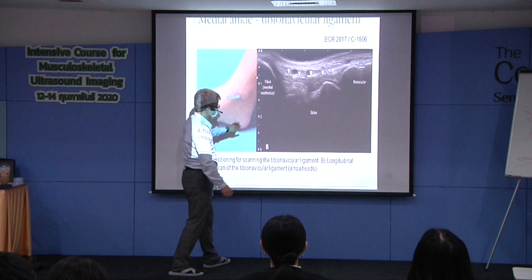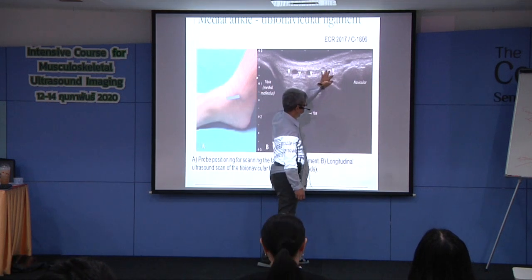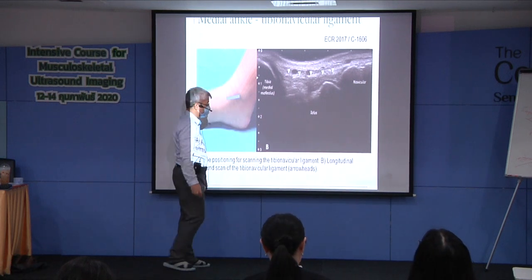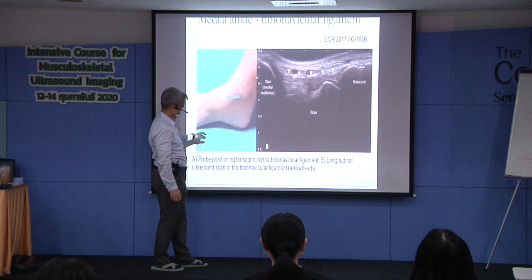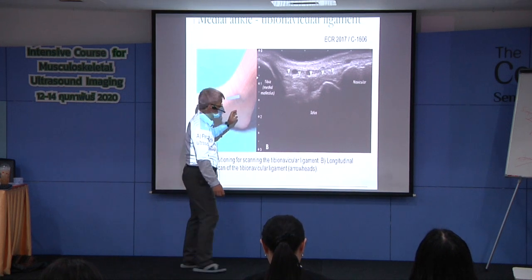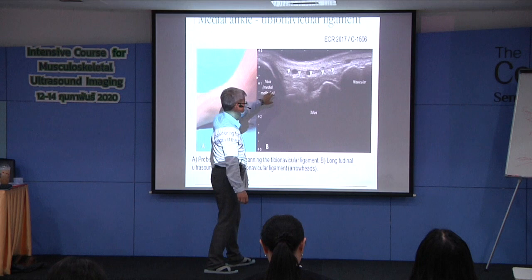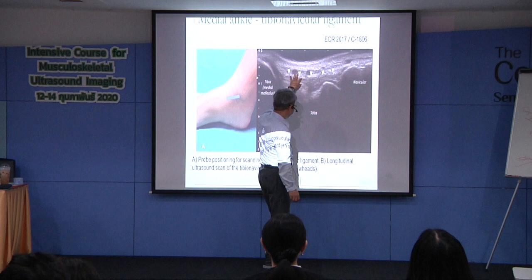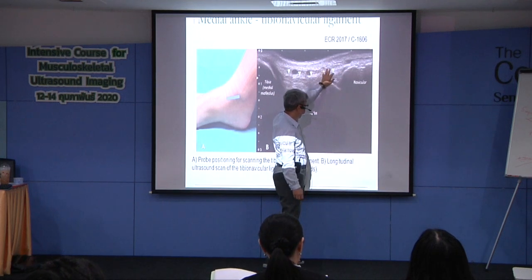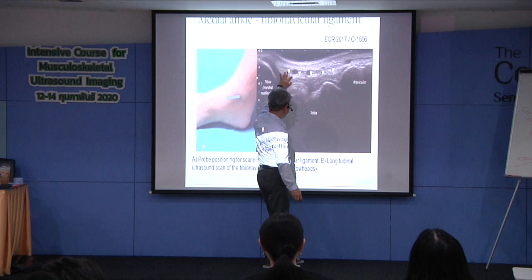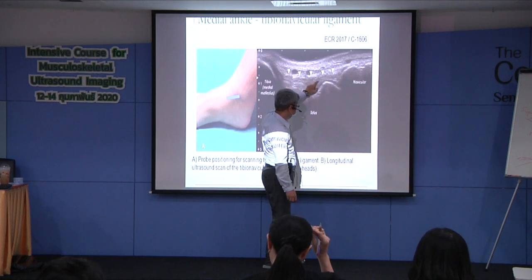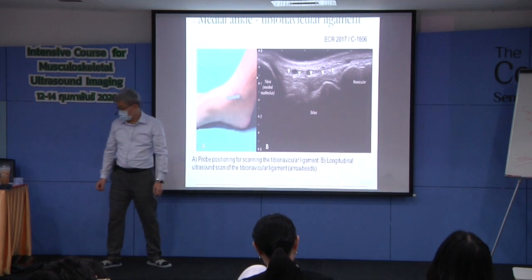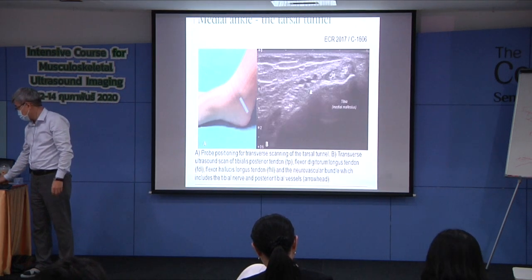If there is a hypoechoic injury, it may be related to an ankle sprain. And now this has become a routine check structure in cases of ankle sprain at the NTU hospital. Because we believe, we found, that the prevalence of tibial navicular ligament injury is very high in cases of ankle sprain.